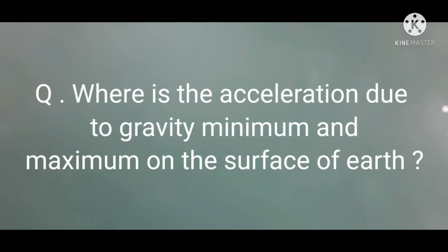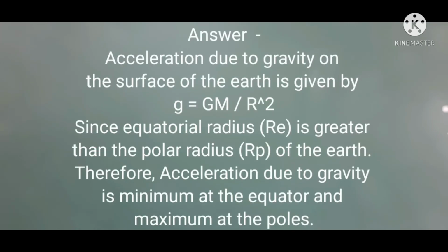Where is the acceleration due to gravity minimum and maximum on the surface of the earth? Answer. Acceleration due to gravity on the surface of the earth is given by small g is equal to capital G capital M upon R square.